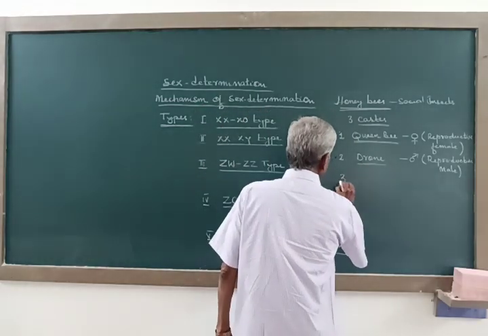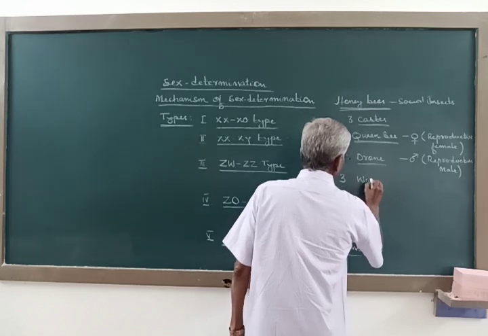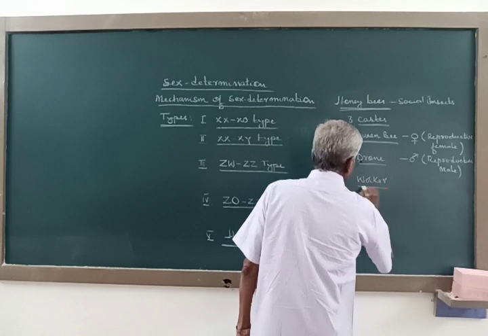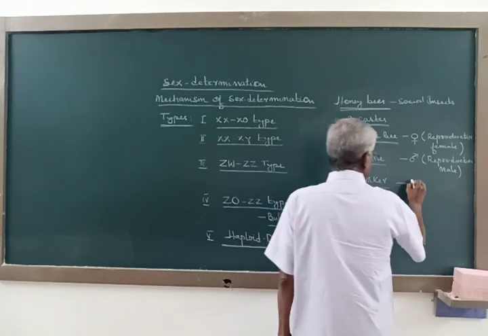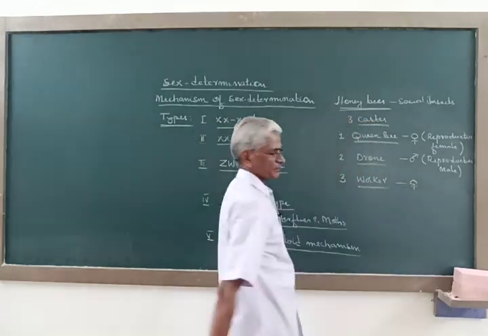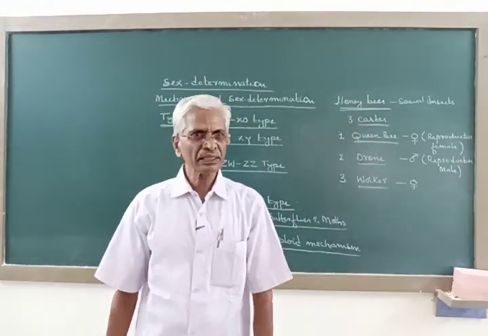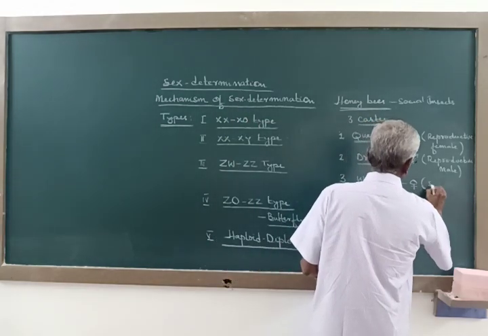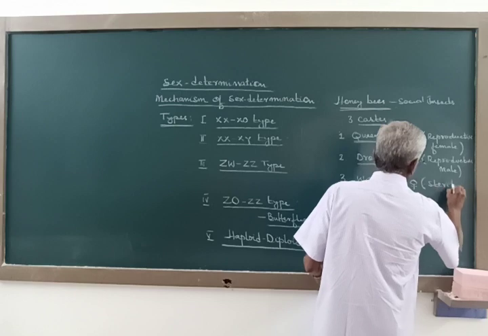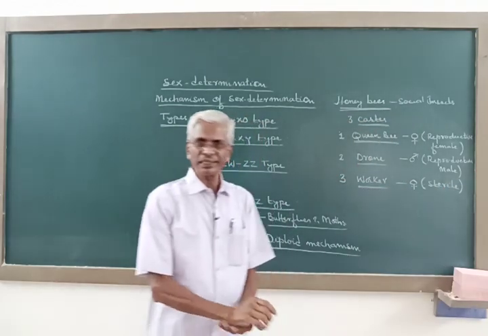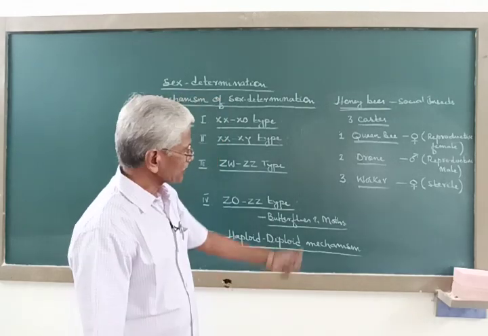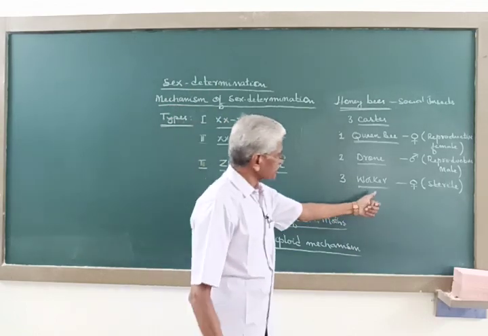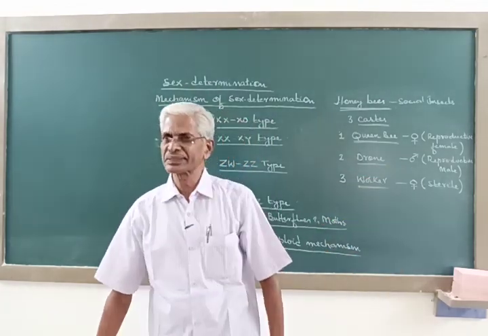Now one more caste here is worker bees. Now the worker bees, they are females. Worker bees are females, but they are non-reproductive. That is, these are sterile. They are not involved in the reproductive activity of the colony, but they are females, but they do not produce eggs.